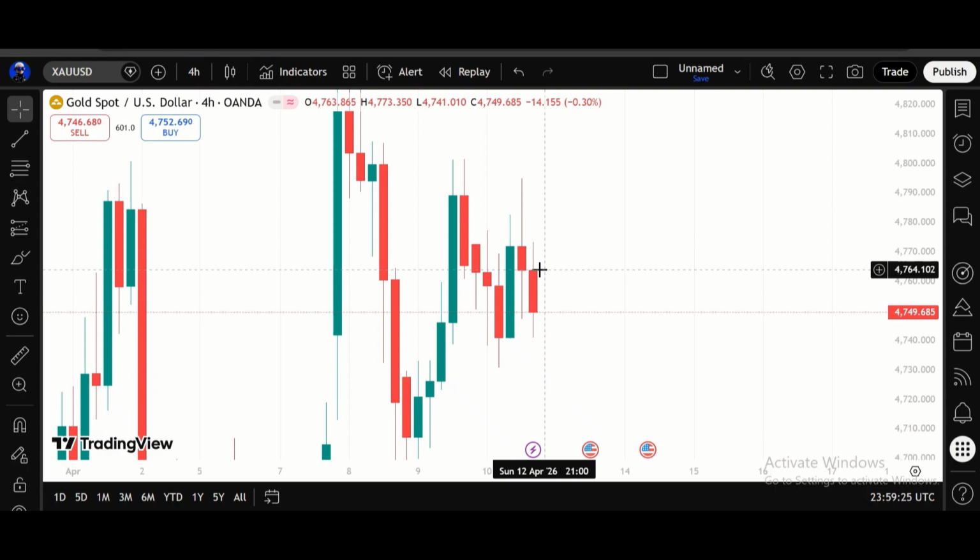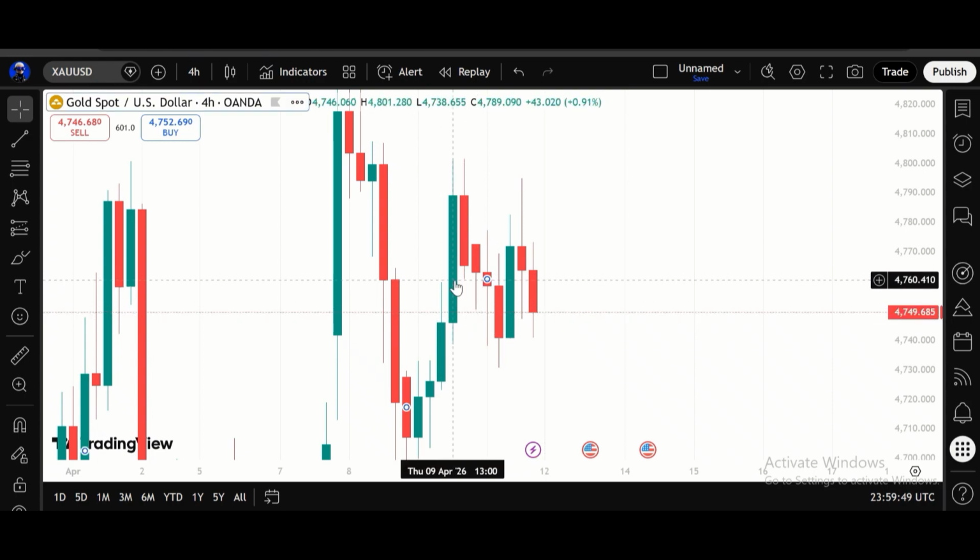Buyers came into the market, pushed it up to this point. Sellers took over, brought it down back to this point here. Then buyers were able to push it a bit. This is where it is currently.